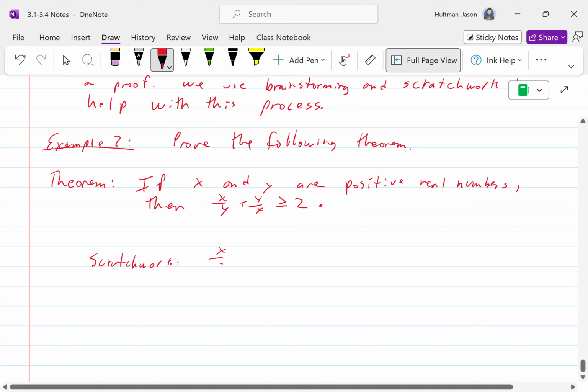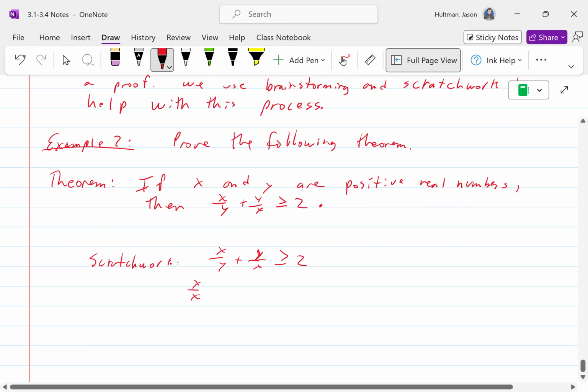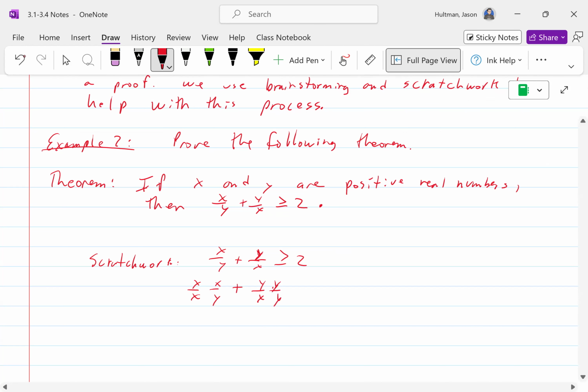So x over y plus y over x is greater than or equal to 2. What I'd like to do maybe is get a common denominator. I notice that this guy has a y, so maybe I can multiply x over x times x over y, plus y over x times y over y.